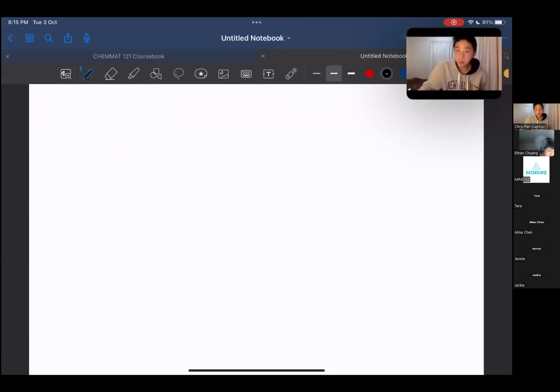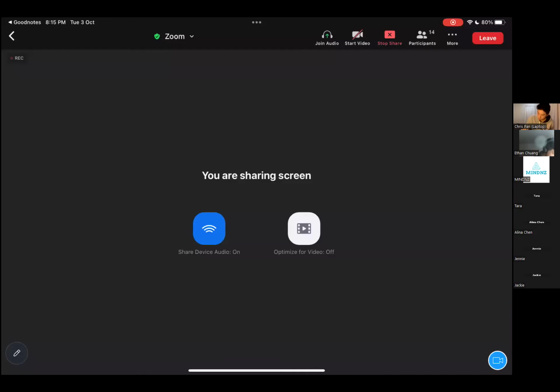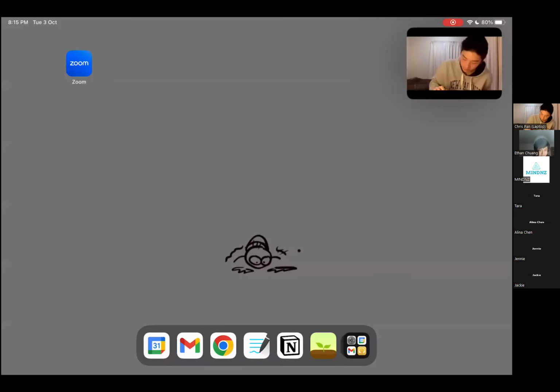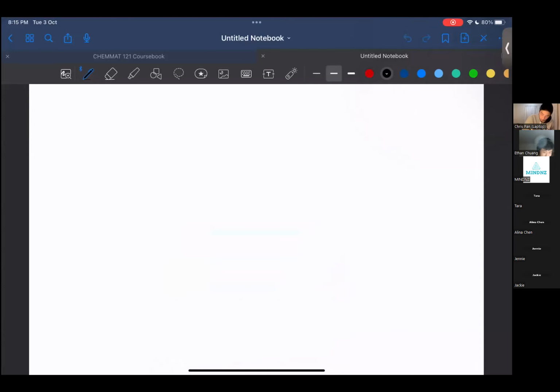Okay, so I guess the trap I was talking about is, at first, what you might try to do with this, if we have our six letters, M, I, N, D, N and Z, we might try to reorder them into six spaces like such, right?